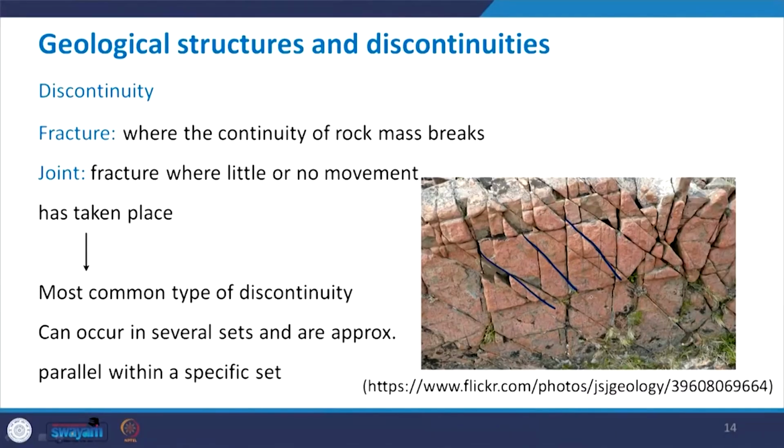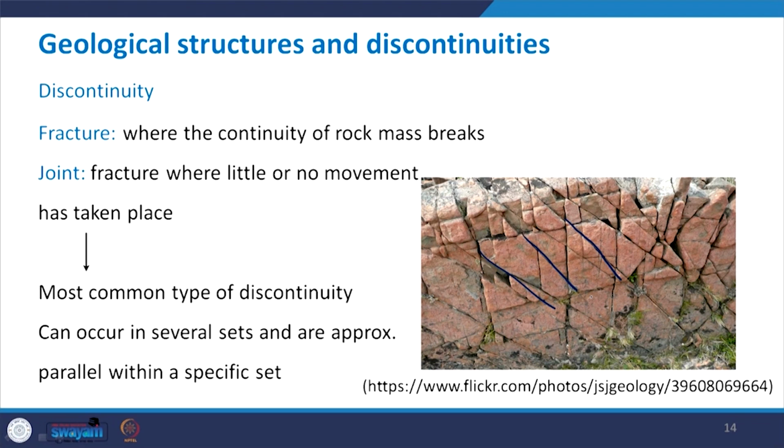Now when we say discontinuity set, it represents the series of discontinuities that have the same geological origin, same orientation, spacing and same material characteristics.